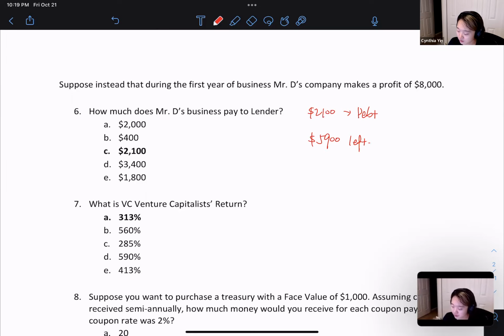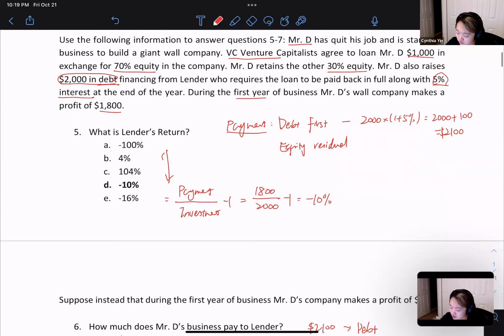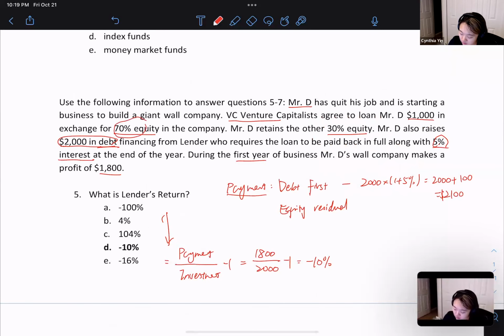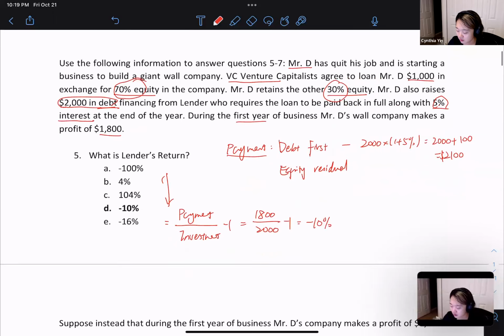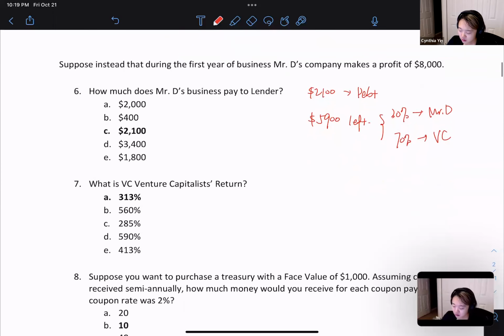And then he will split it: 30% goes to Mr. D and 70% goes to the venture capital, according to this percentage here. So how much goes to the venture capital is 5,900 times 70%, okay?